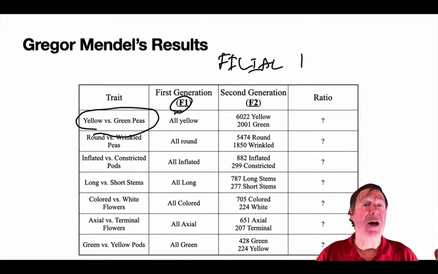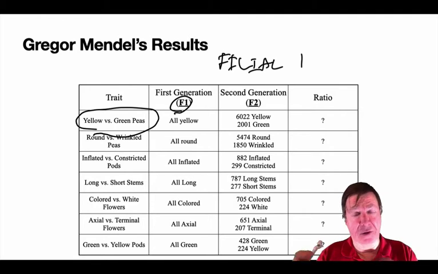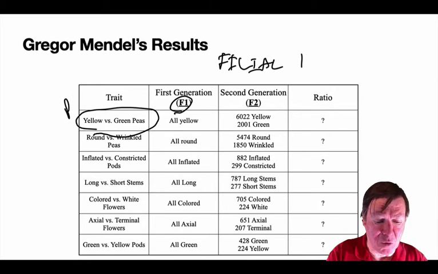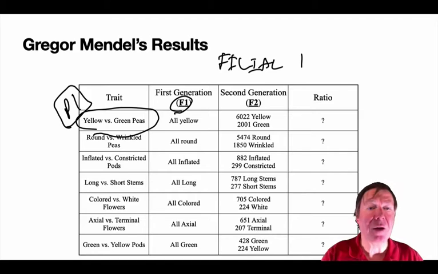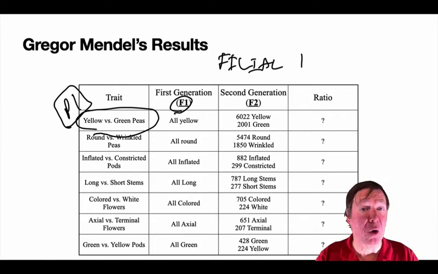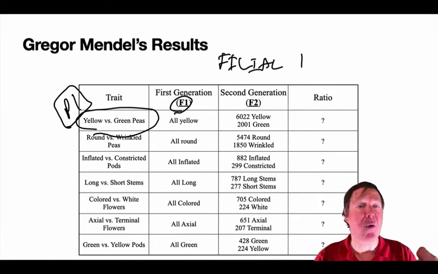All right? But then he crossed them. This would be like siblings reproducing. Don't go there. Just trust me. So the parents, this is the P1 generation. The P1 generation was pure yellow and pure green. And when he crossed those, he got all yellow.